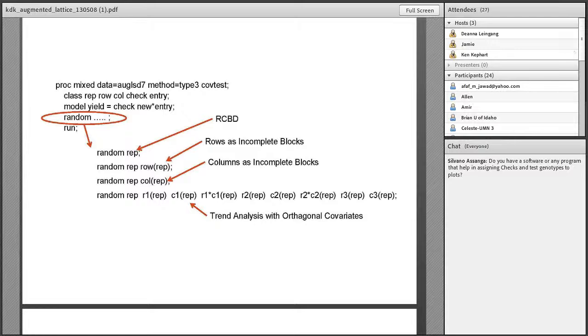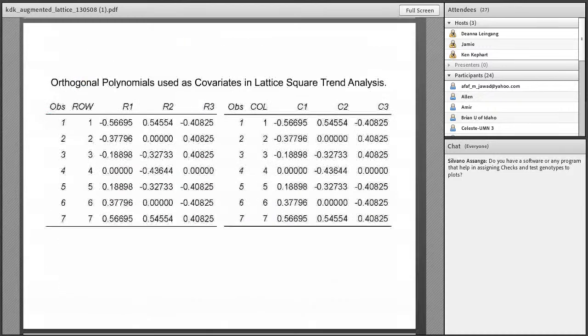The CLASS statement defines our independent variables. So in this data set, AUG-LSD7, we have columns that identify reps. We have columns that identify row and column, and those are integers in both cases that go from 1 to 7. We have a column that identifies the check varieties, and those are identified by an entry number.